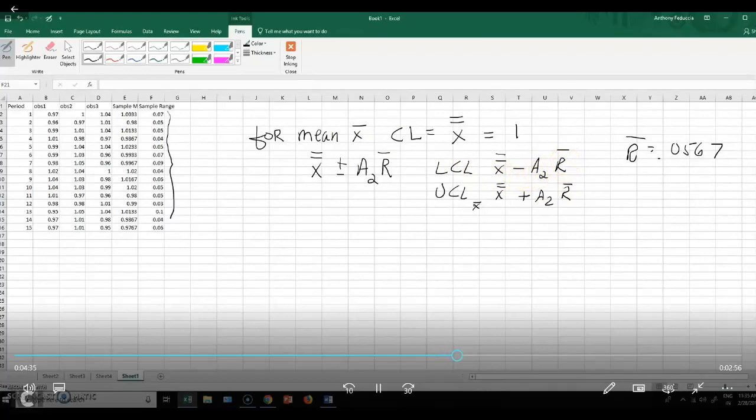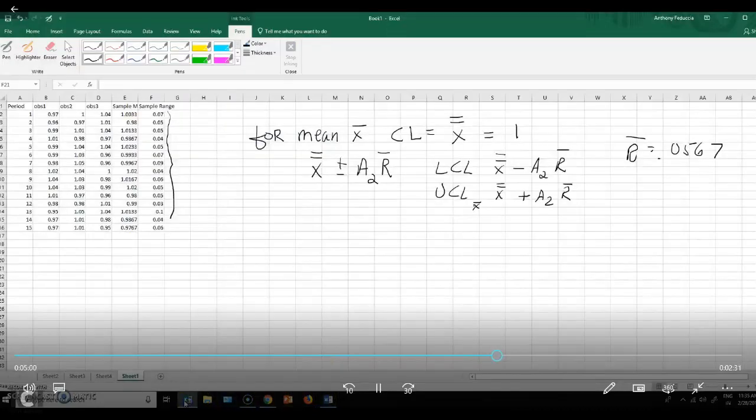Now your question is, what is A2? Well, in announcements, I gave you a table. Here it is. And depending on the sample size, like in our case the sample size is 3, you notice the mean factor, they just call it A here, is 1.023. So what we're going to do is we're going to go back and put A2 is equal to 1.023.